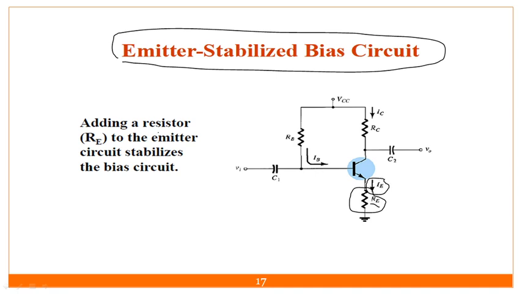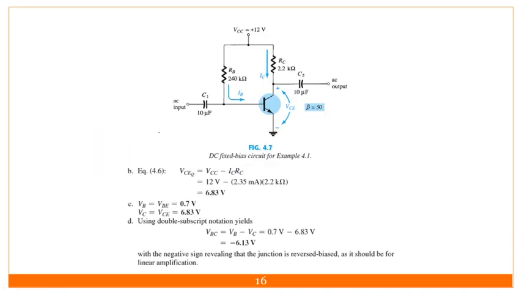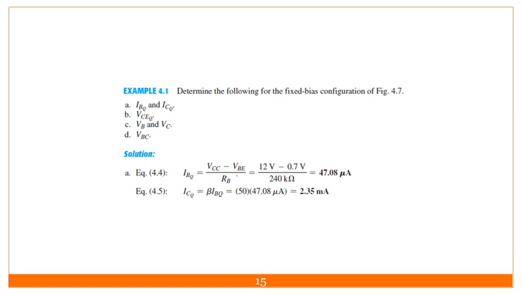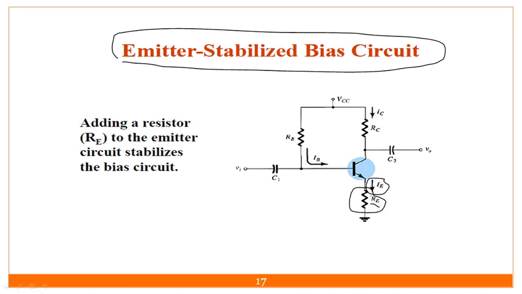To stabilize the circuit, because it is somewhat unstable, the value of IB totally depends upon my VCC. If my VCC is changed, then my IB is changed. So we have to make the circuit more stable, and that's why we have added the RE.